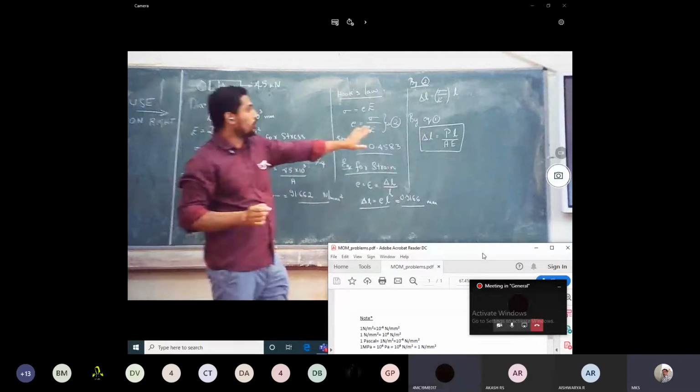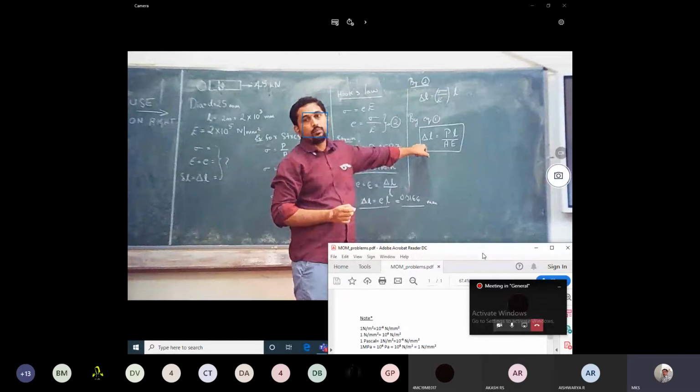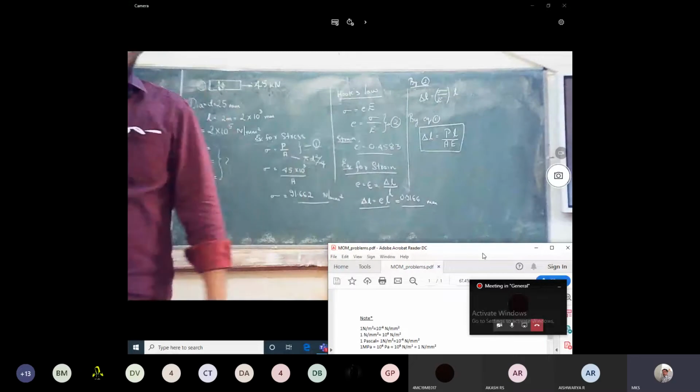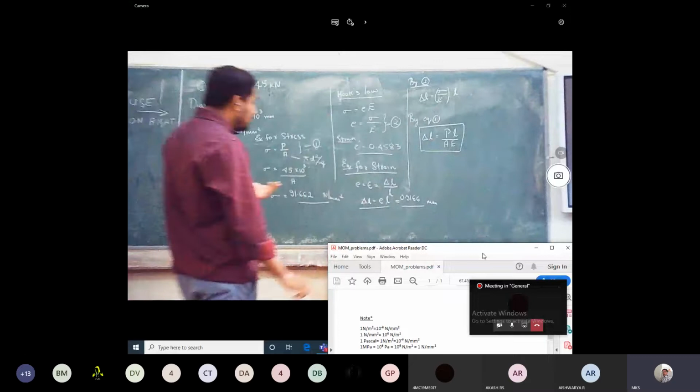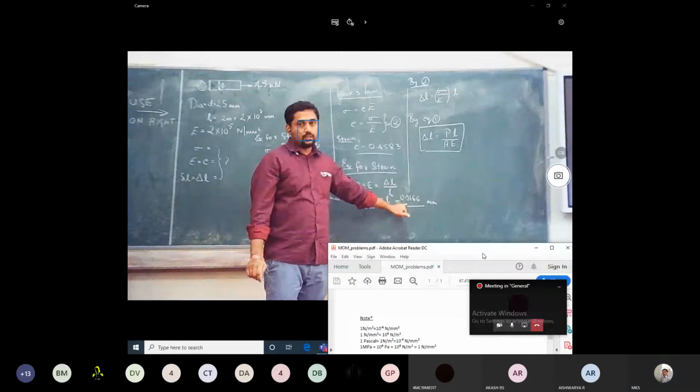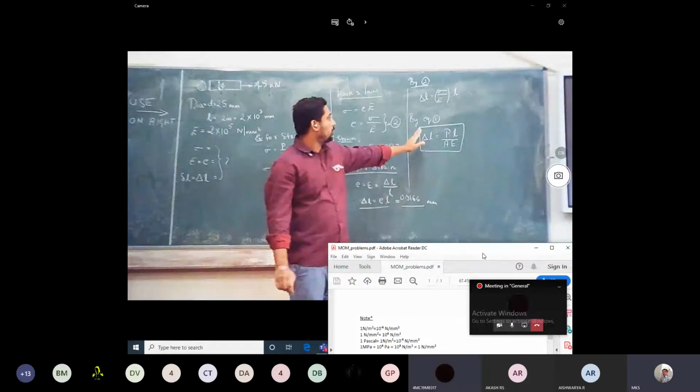So this is also one more equation that you need to remember: delta L is equal to PL by AE. If you substitute, we know all the values: the load acting is 45 kilonewton, length, area and modulus are known. You will get the same value for change in length. So remember this equation also, only for your note.